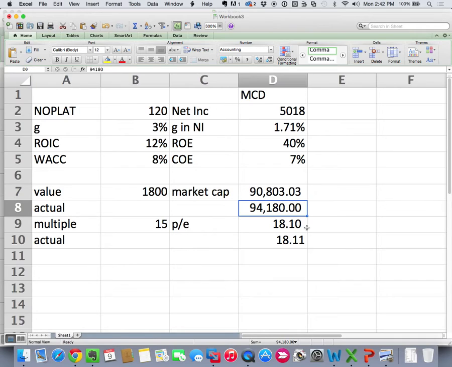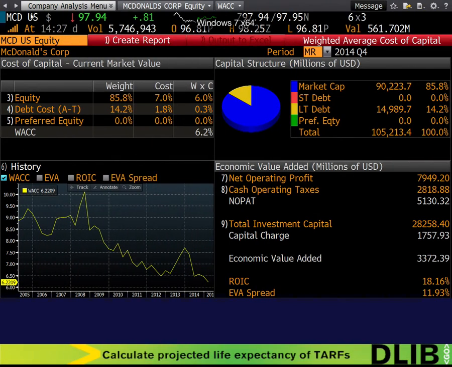Excess cash. Probably some excess cash. How much cash do you think McDonald's has on their books? If you had to guess, look at the numbers on this spreadsheet. What's the difference between these two numbers? 3.3 billion? Excess cash.